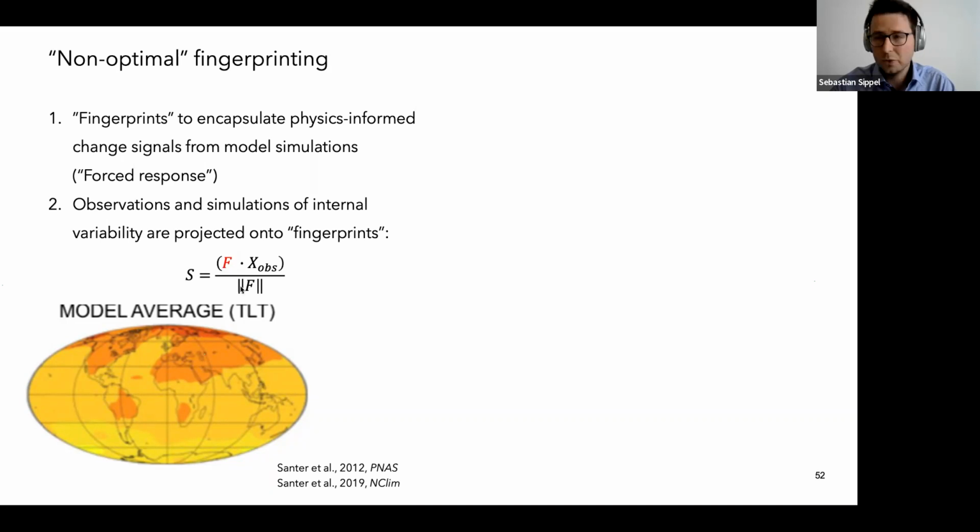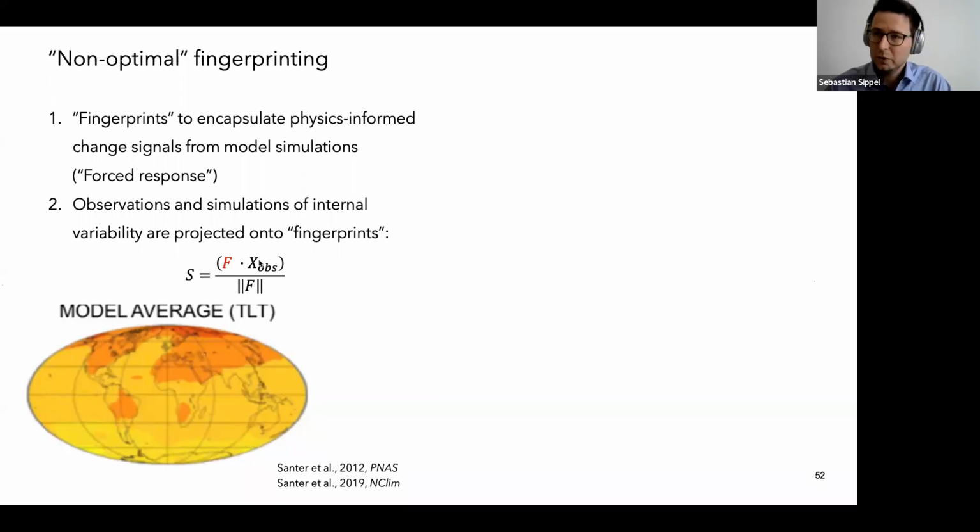And then you normalize it in some way, and you end up with a signal S that gives you the strength at which the observations are becoming similar to the forced response. This is typically compared with pre-industrial control simulations, simulations that do not contain a forced response, that are also projected onto this fingerprint. If they do not contain a forced response, there should be no similarities, or any similarities should just occur by chance.